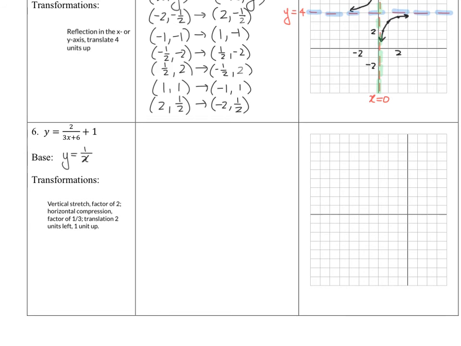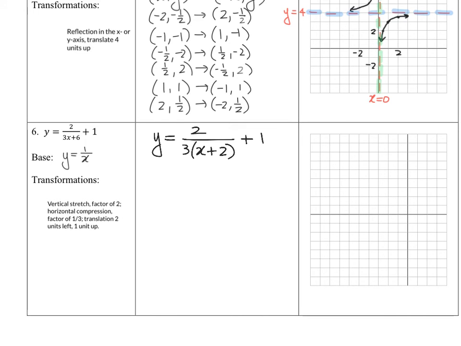And if you're not sure where I got the 2 units left, it's because we have to take this 3 and factor it out. So this essentially means that we have y equals 2 over 3x plus 2, plus 1.